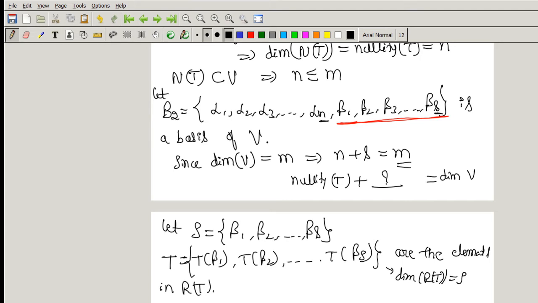Suppose this is a basis, then the dimension of R of T is s, which is nothing but the rank of T. It's enough to prove that rank of T plus nullity of T is equal to the dimension of V. Therefore, now we have to check whether this set T is a basis of R of T or not.